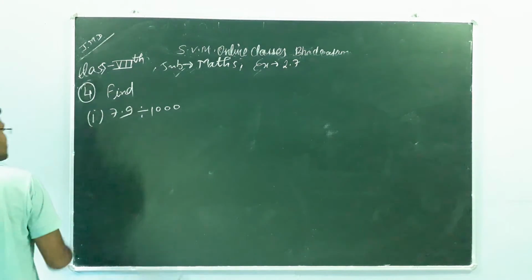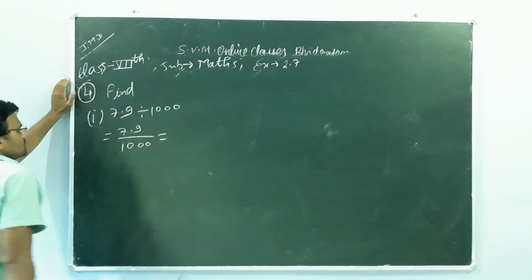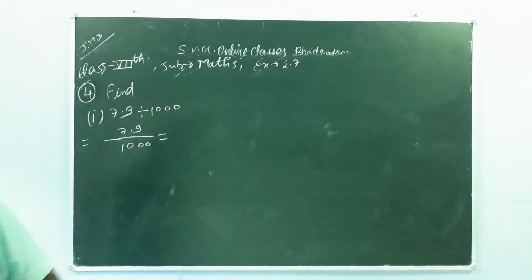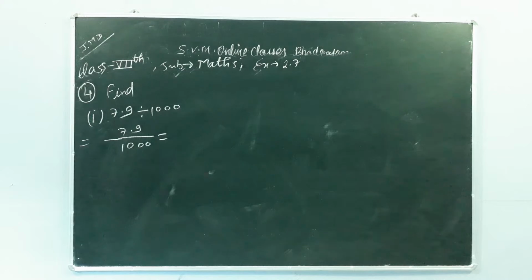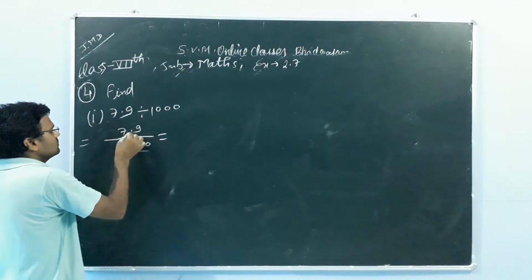This is our 7.9 divided by 1000. In our previous question I was telling you that if there are 3 zeros, then the point will jump 3 digits.